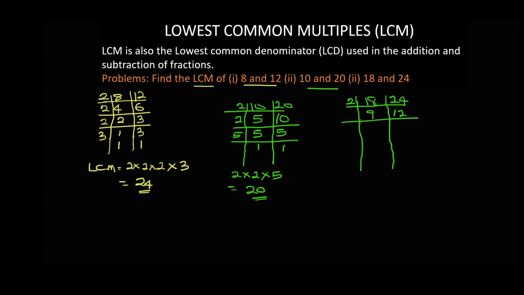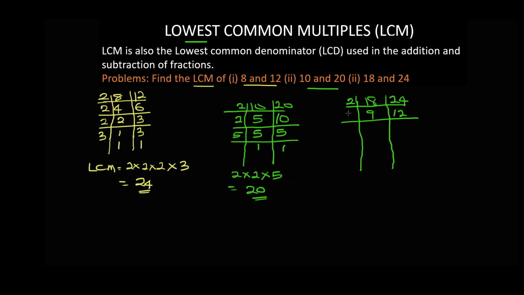Now, even though 3 can go into 9 and 3 can also divide 12, you don't want to use that yet because 2 can still divide 12. Remember, we are looking at lowest common multiples.